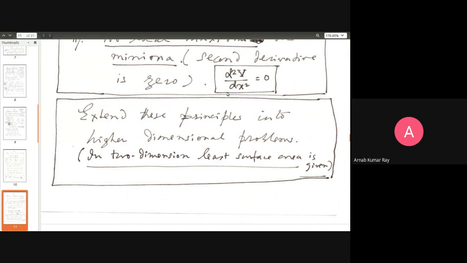That is the meaning that has been understood, that in two dimensions, just like in one dimension, your straight line, the solution of Laplace's equation is like a straight line. In two dimensions, the solution of Laplace's equation is like a surface with the least surface area, and the surface doesn't have any hill or valley or trough or crest, nothing of the sort.